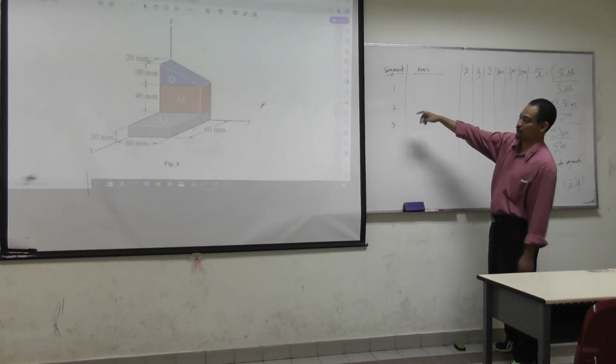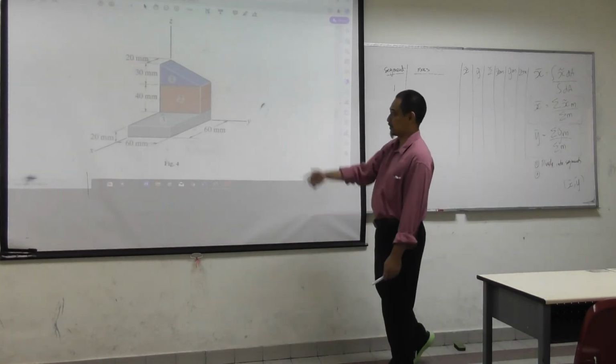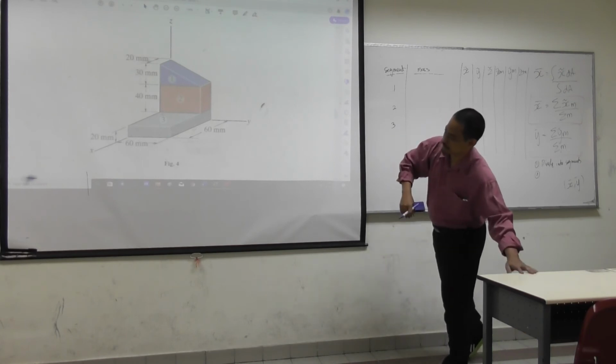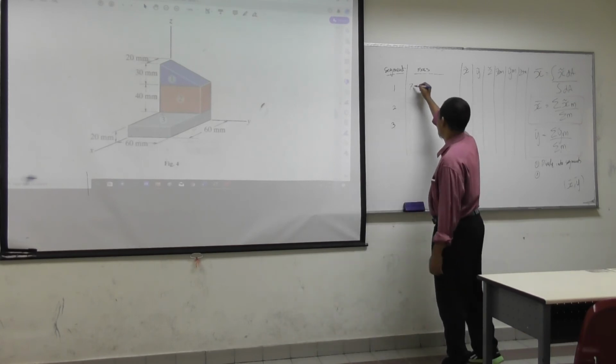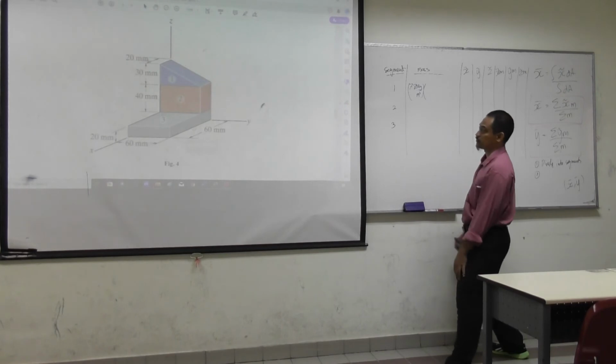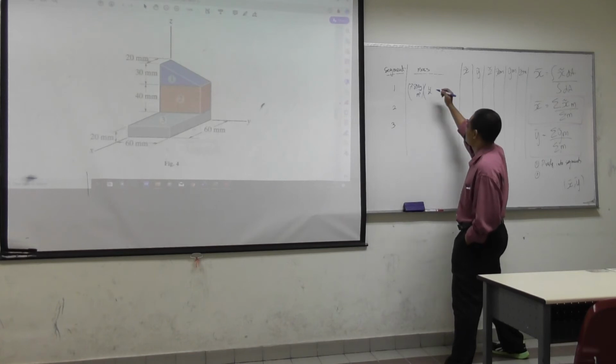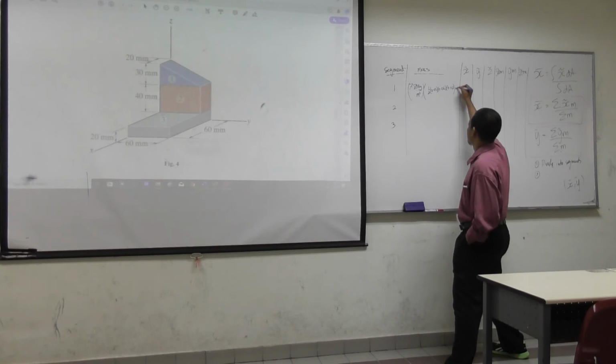Or otherwise from the beginning you just use meter. Alright, so in that case we have 7.8 megagram per meter cube. So the volume, if we use meter, then 0.03, 0.06, 0.02. This is meter cube, right?